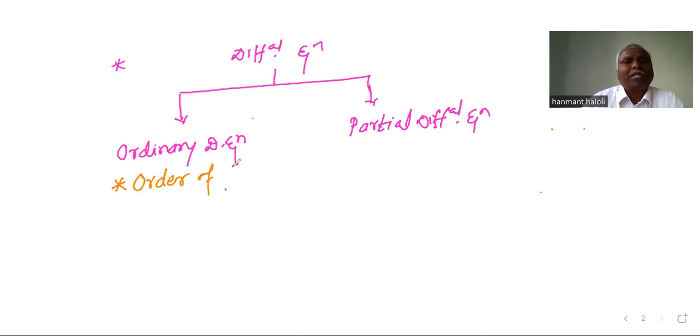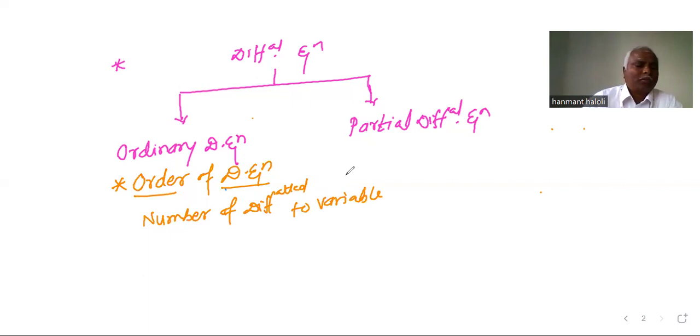Order of the differential equation: the number of times the variable is differentiated, that is, the highest order derivative. It means how many times it is differentiated, that number is called the order of the differential equation.